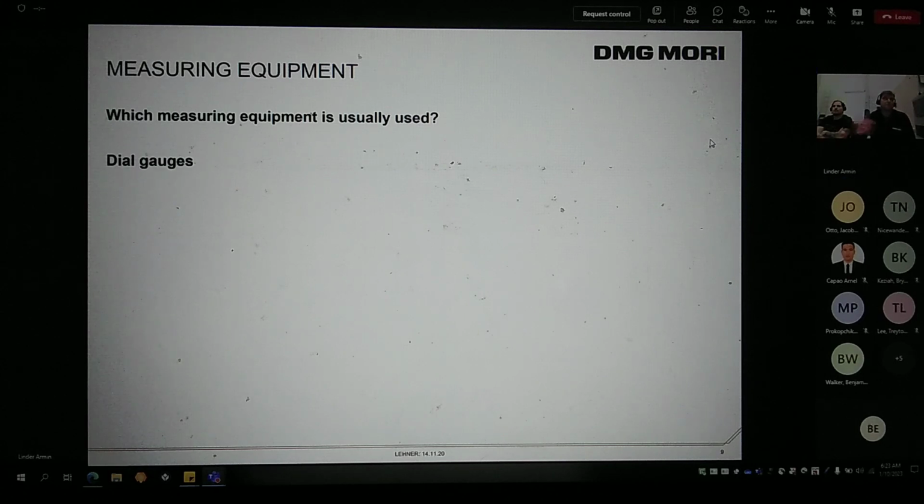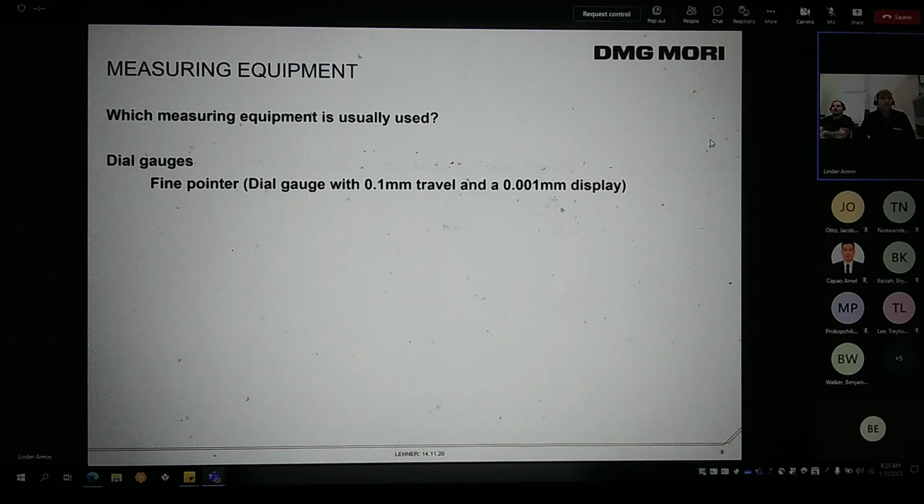So, which measuring equipment is used? Usually, as we talked about, we have dial gauges, we have the fine pointer dial gauge with 0.1 graduation and up to 1 micron, or a millimeter display.